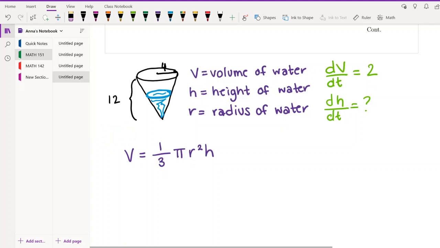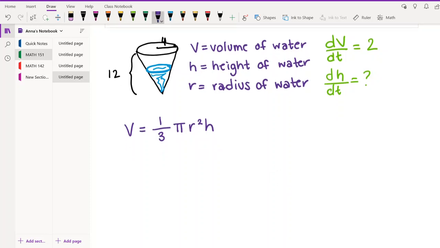And so it maintains those same proportions. And so what we can see by looking at the cup is that the radius is 1/3 of the height. And that's going to be the same for any of these subcones that happen with the water. So looking at these things, we can say that the radius is equal to the height divided by 3. And so we can put that into our equation before taking the derivative.